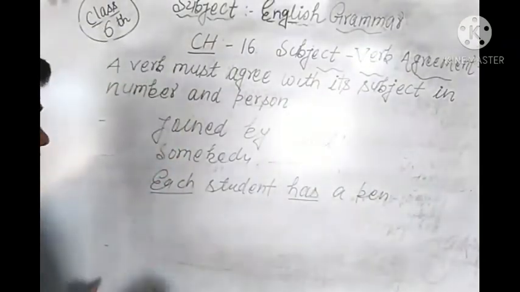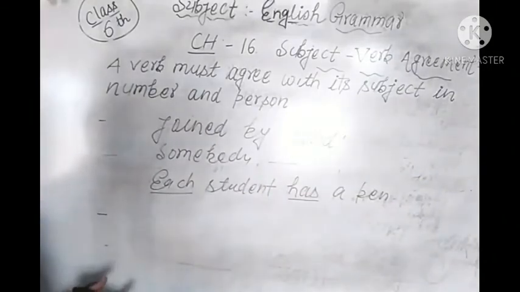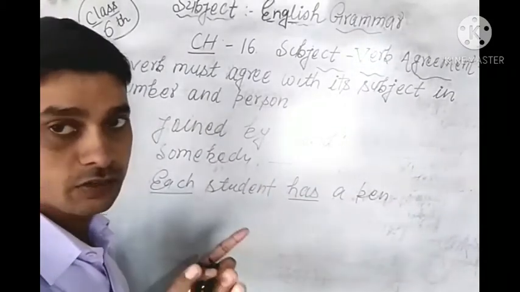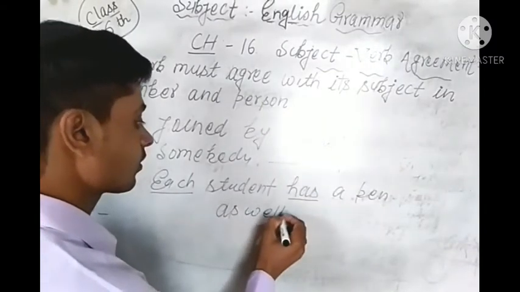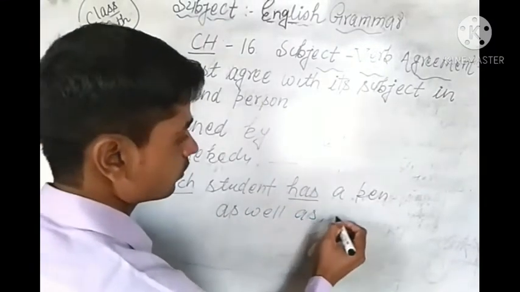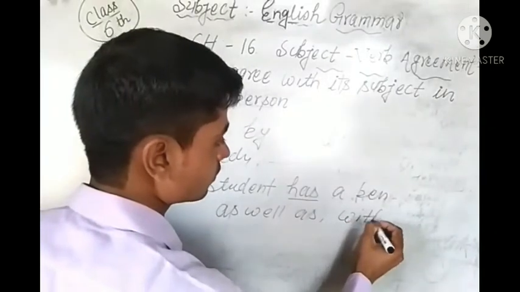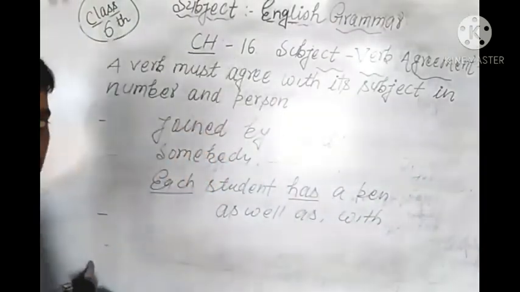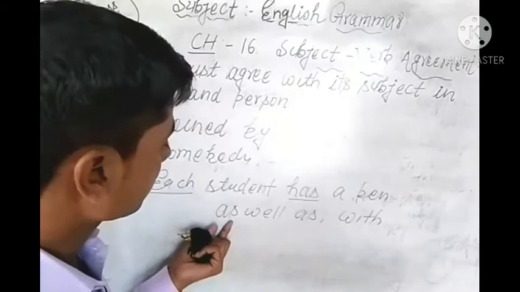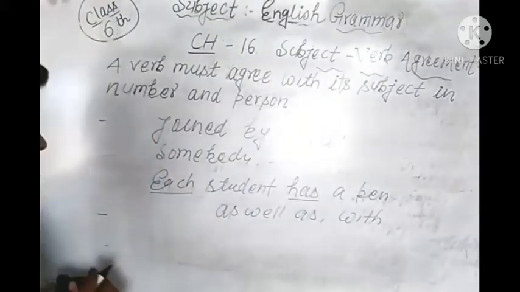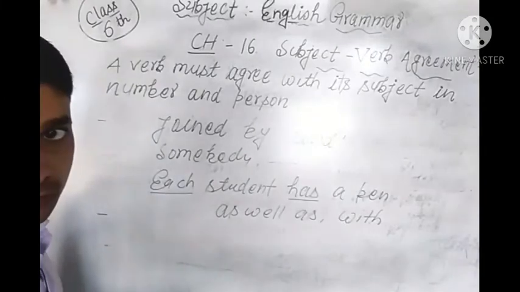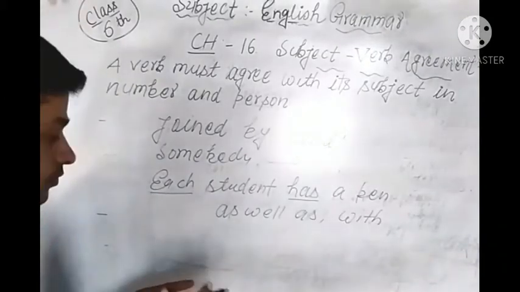Okay, there are some other formulas, students. If two nouns are joined by as well as or with, then we use the verb according to the first noun.